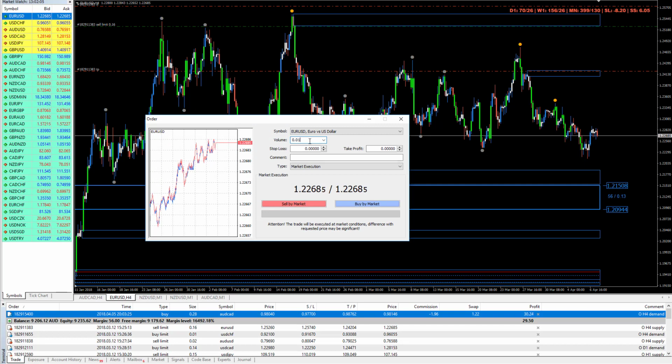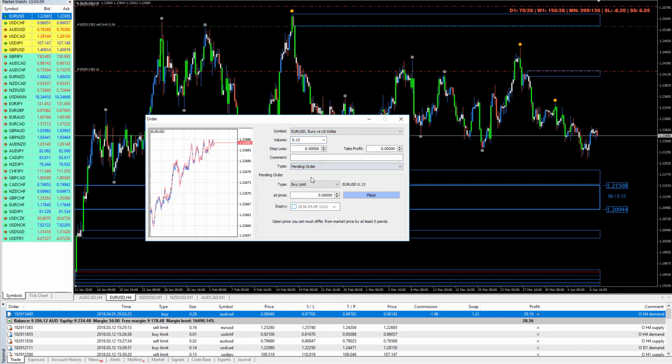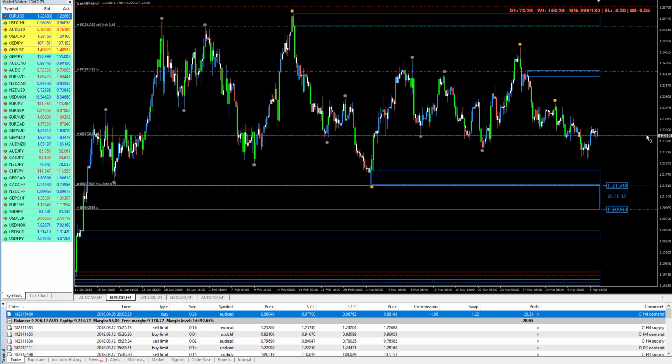So let's put in the position size, which is 0.13 lots. We're going to buy, and we're going to buy at the 121.50, and the stop is 120.95. This is a 4-hour demand. And the target we'll do in a sec. So we've got it like that.